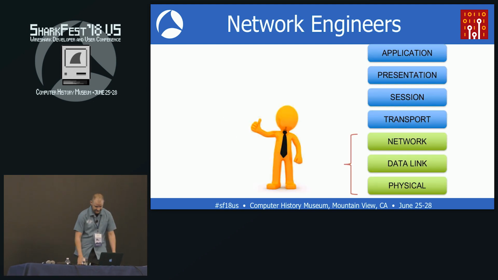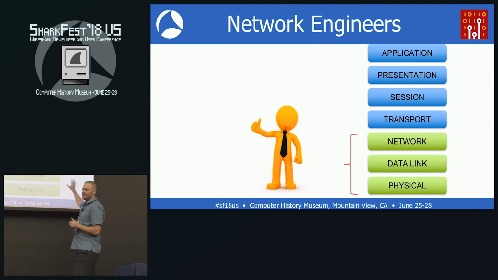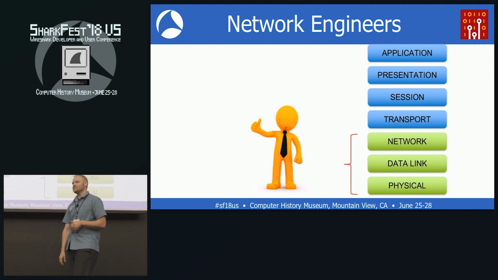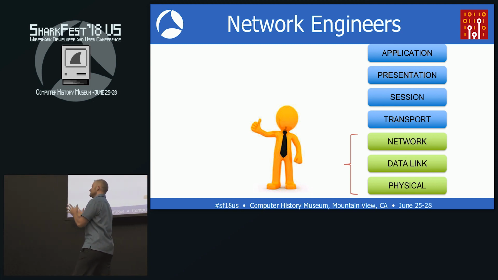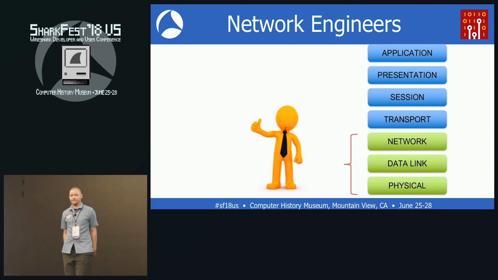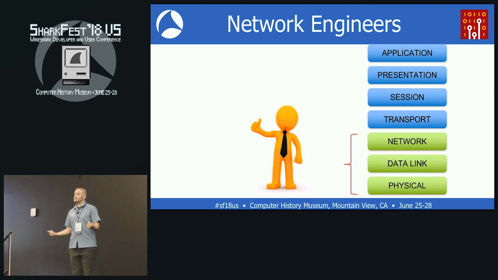Now we come to when a problem strikes, okay? OSI model on the right. Hopefully you have seen that OSI model before. When it comes to network engineers, if we're from the network side of the house, which most of us are, I grew up in the network side of the house. If a problem strikes, our goal, and for all intents and purposes our responsibility, is to exonerate the lower three layers.